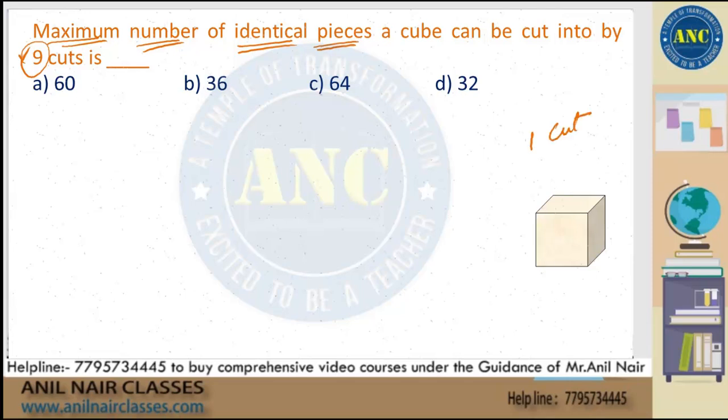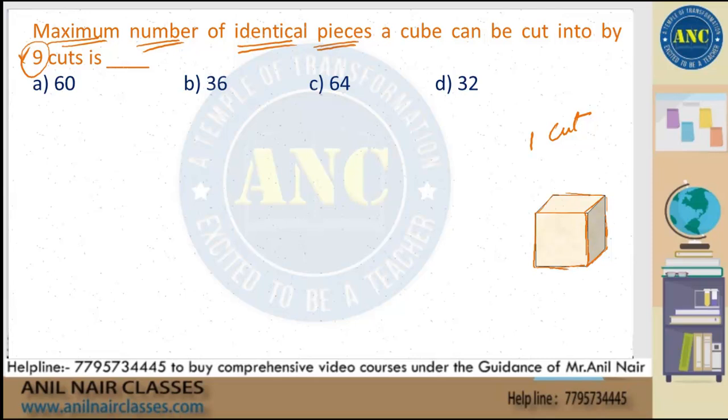Now, here is a cube. You can see there is a cube here. This is the front face, you have the top here and you have the side face here, right? Now if there is 1 cut, what do we mean by 1 cut?